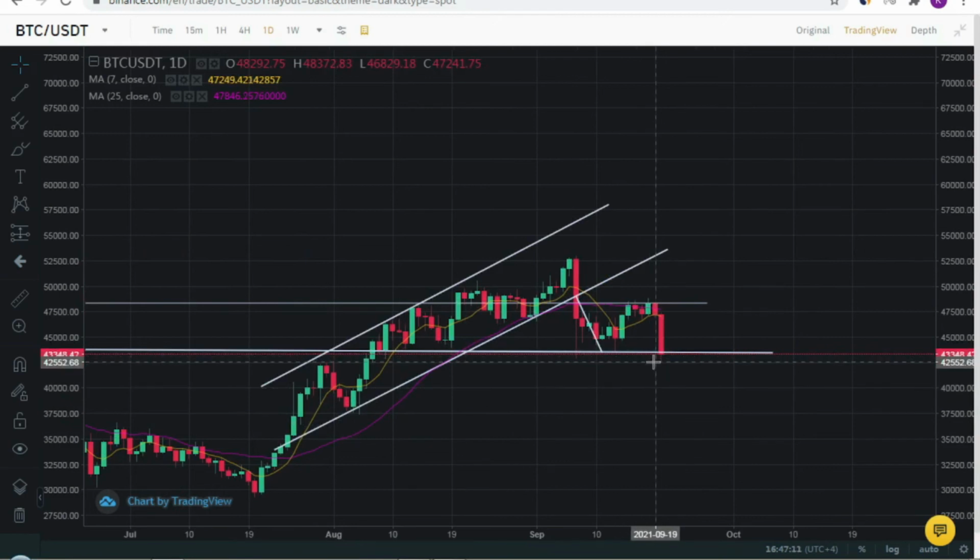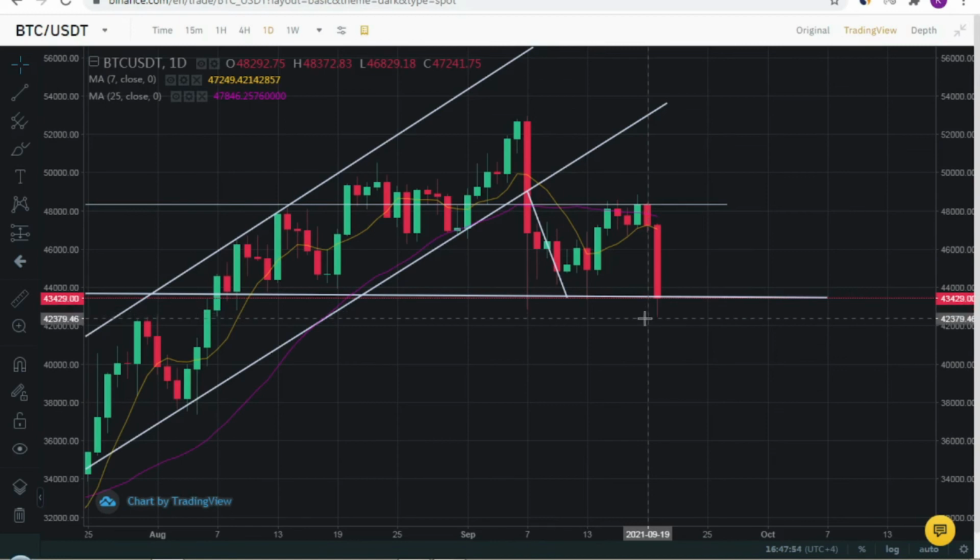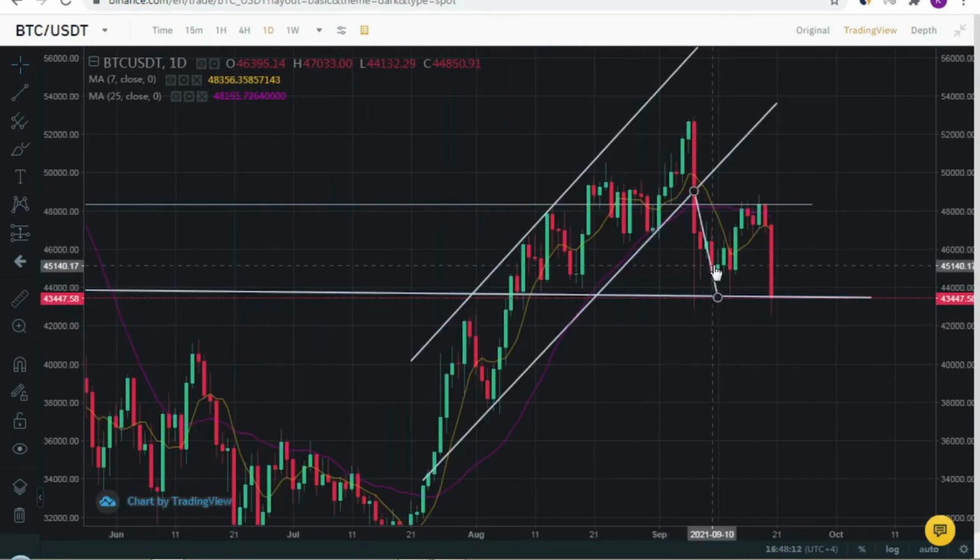Bitcoin came down to 42,000 and people have bought. Do you see that? People are buying Bitcoin and now it's back to 43,000. Yesterday was some kind of consolidation. This was not huge price action, but this is a lot of selling pressure in the market.